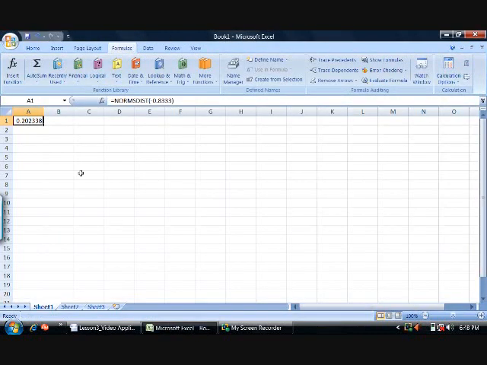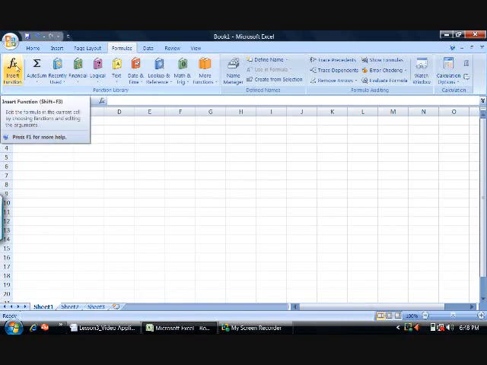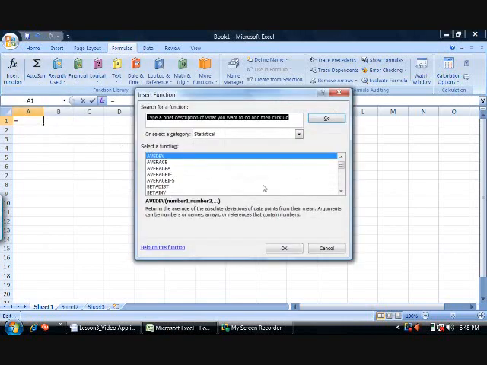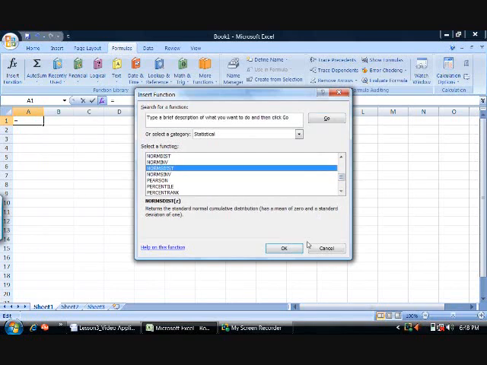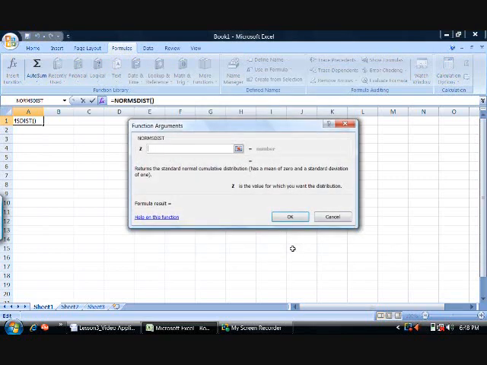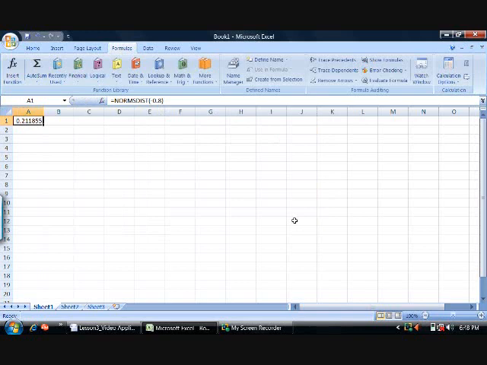I go back to Excel. I'm going to find the probability of a z less than minus 0.8, statistical, NormsDist distribution. I'm going to find the probability of getting a z less than minus 0.8. Okay. That probability is 0.2118 or 21.18%.